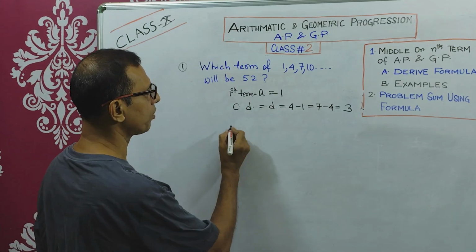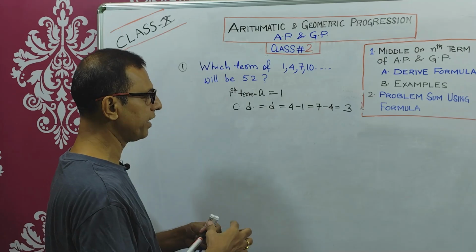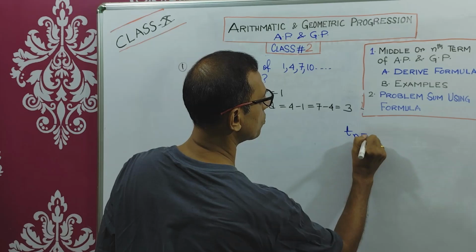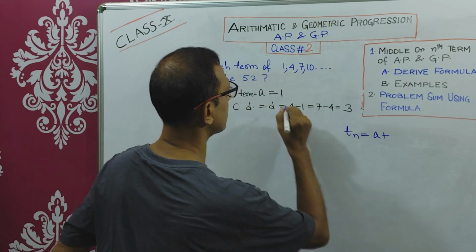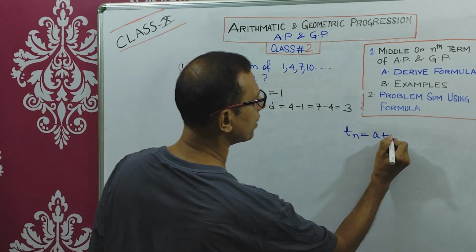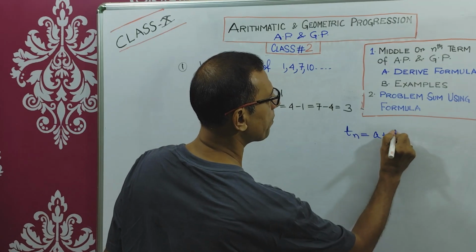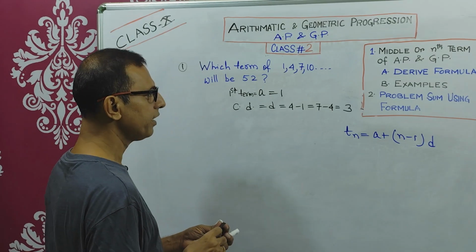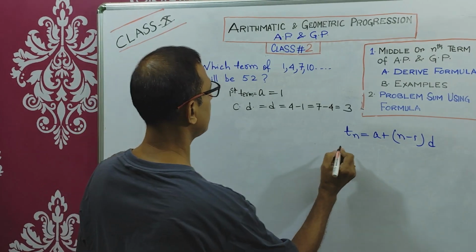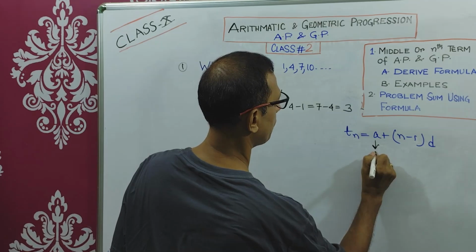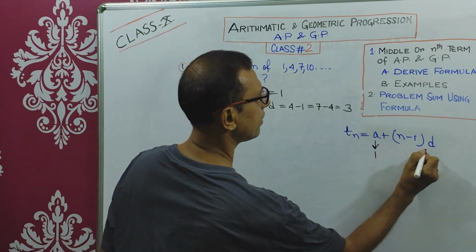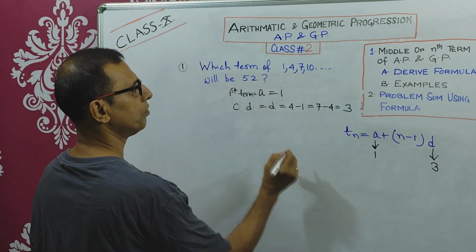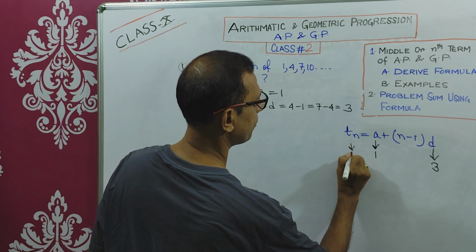I have already told you the formula to find the nth term. If it is an AP, arithmetic progression, what is the formula? Tn equals A plus n minus 1 into D. Here what is given already? A is given, A is 1. D is given, 3. Tn is 52, that is given.